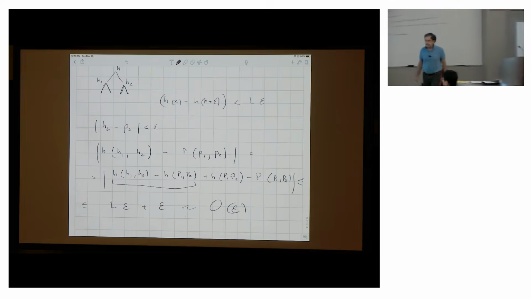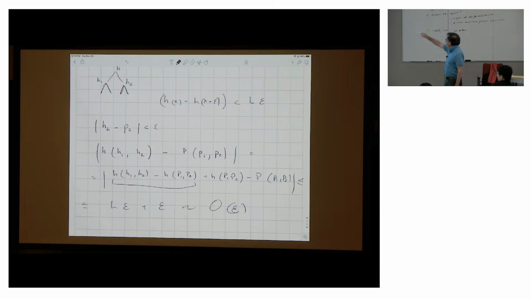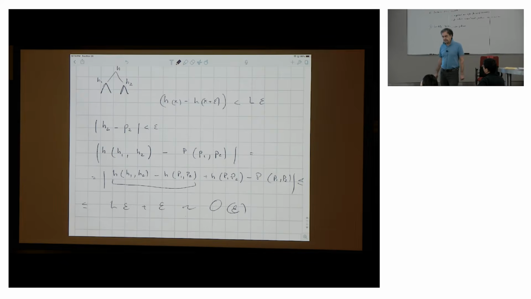Sorry? You have k layers. Yeah, this is doing this just for two, but I can. Does the bound that you prove become an expansion? Yeah. Okay. Yeah, you can check it out.